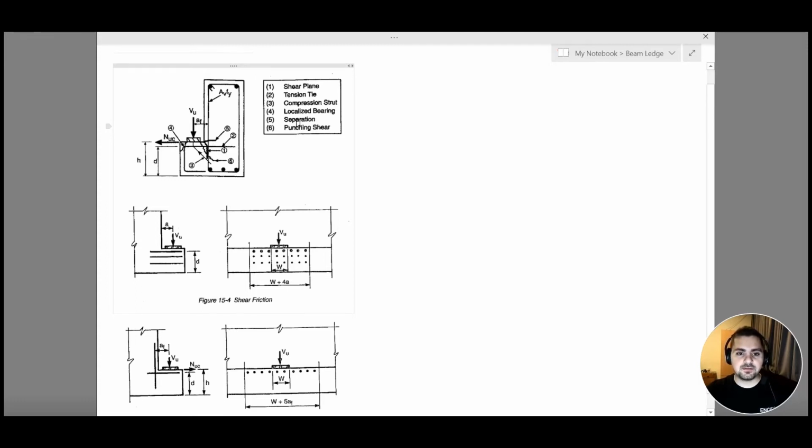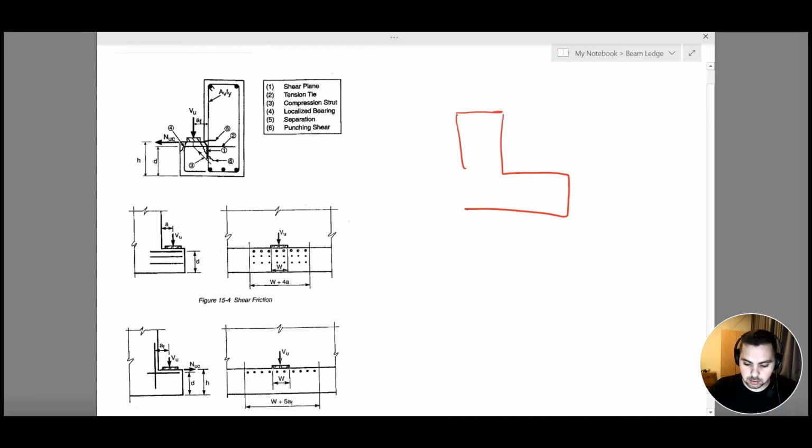Now, the fifth type, which is separation. When I'm talking about separation, what I mean is when I have a shear force that is applied, this area here is going to try to separate from this area.